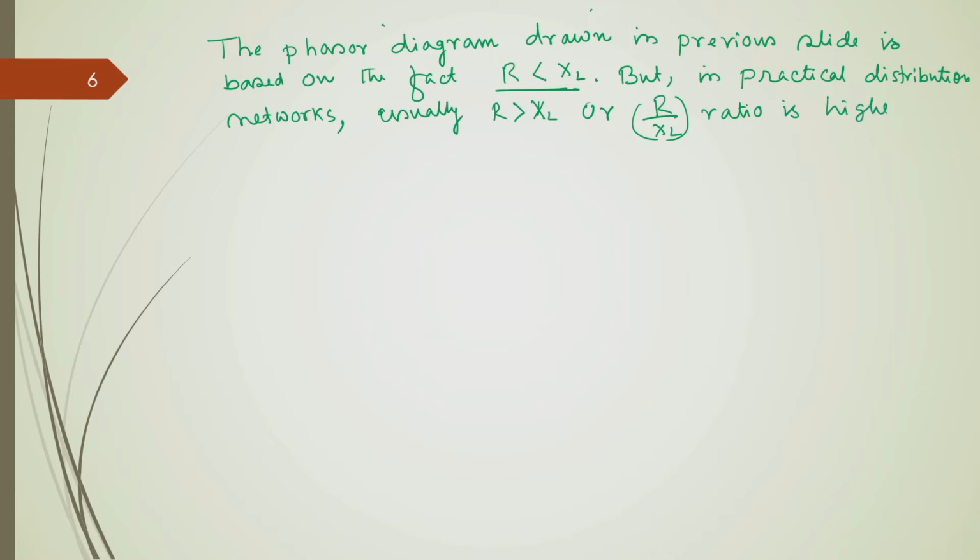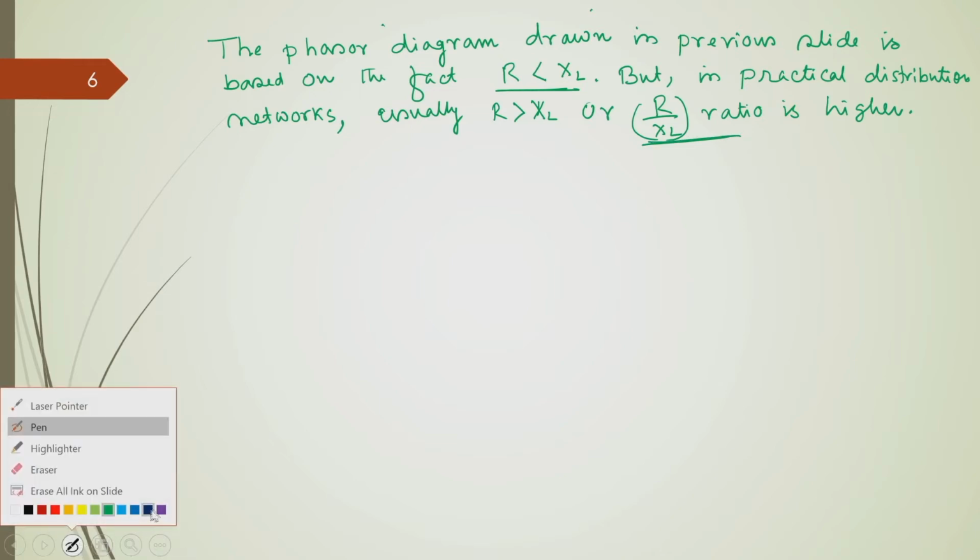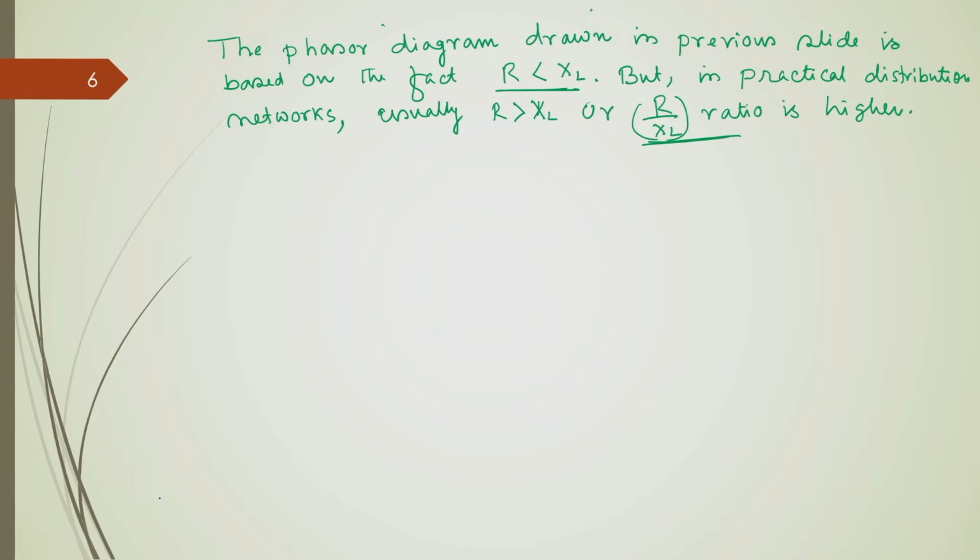I already discussed at the very beginning of the introductory lectures why it is so. So, if it is so, then is this reactive power compensation applicable for distribution networks or not? To establish that, let me draw the phasor diagram.